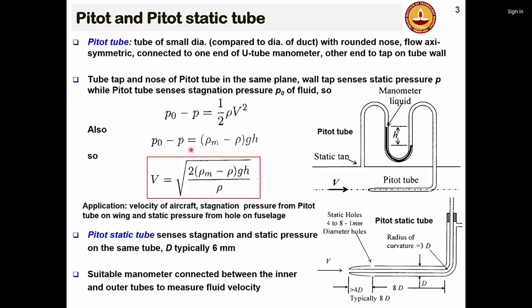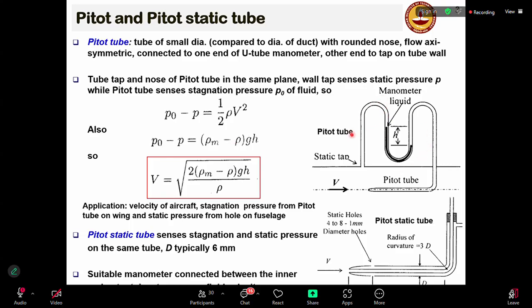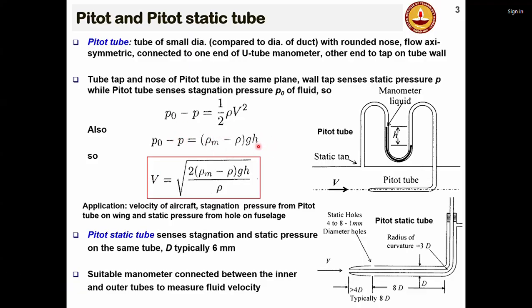So P naught minus P is given as the density of the manometer liquid minus the density of the fluid flowing through the tube, into g into h. Okay. And now if we substitute (rho_m minus rho) into g h in this equation, we can actually find the flow velocity in this way.